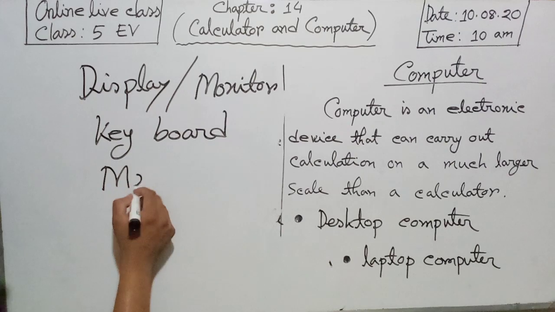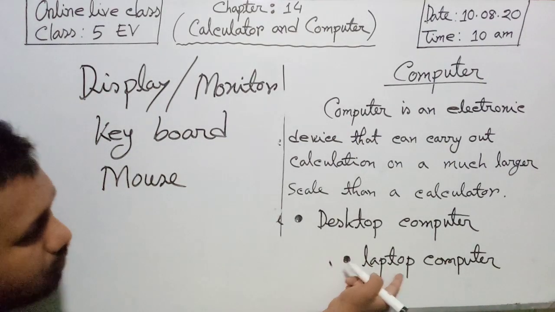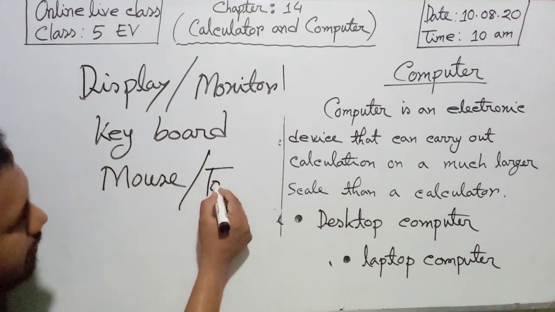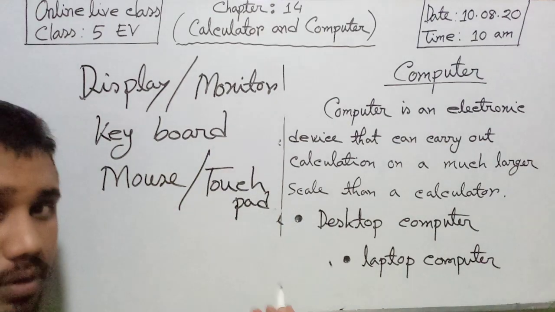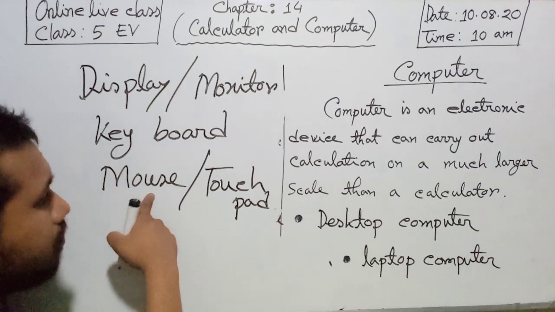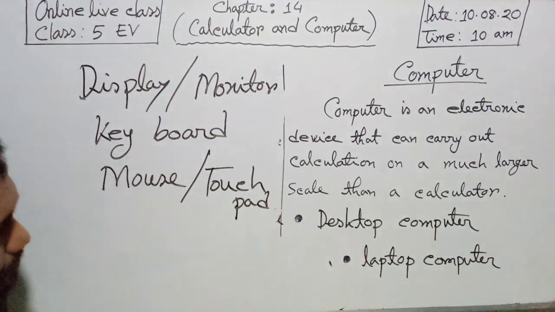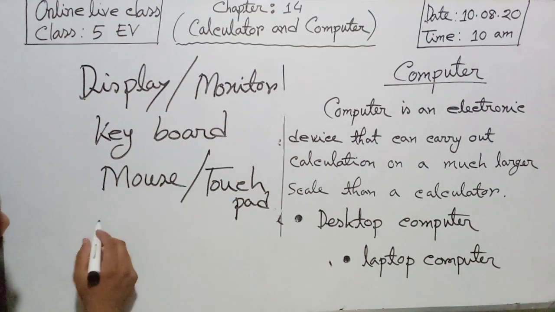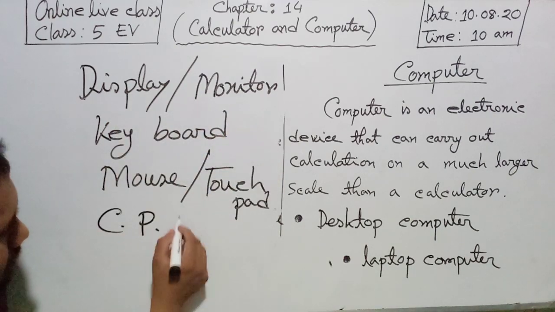Then you can get a mouse. But for a laptop computer, you will get a touchpad. Mouse and touchpad are different. In a laptop computer, you can use a mouse and also a touchpad. And another one, our keyboard, display, monitor. Another one, CPU.